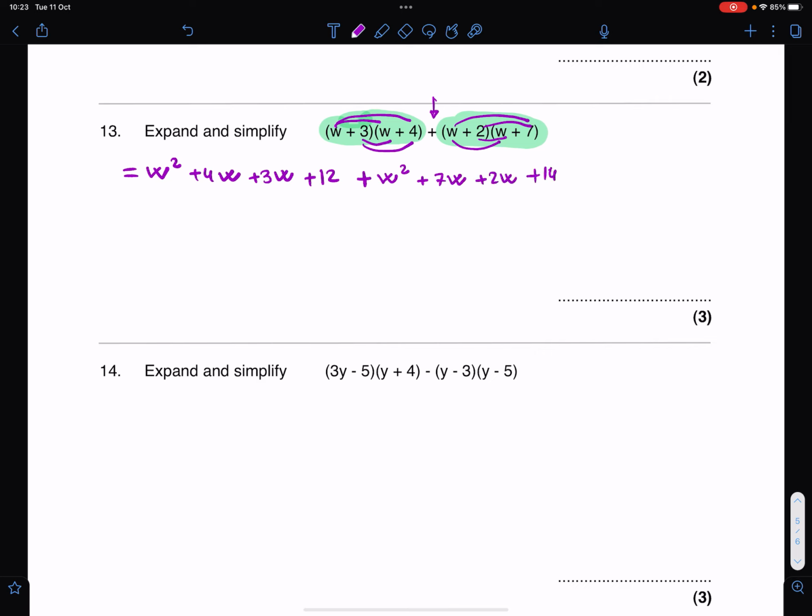plus. So now what we're going to do is collect the like terms. W squared plus w squared gives us 2w squared.